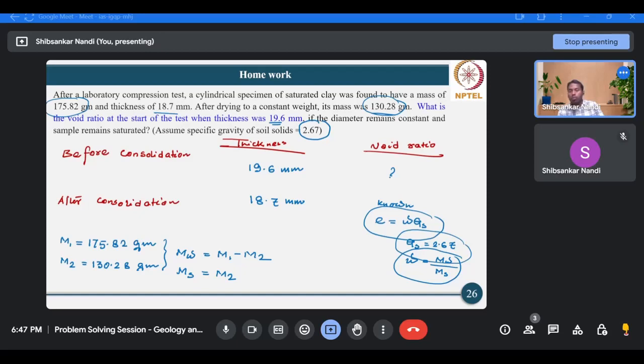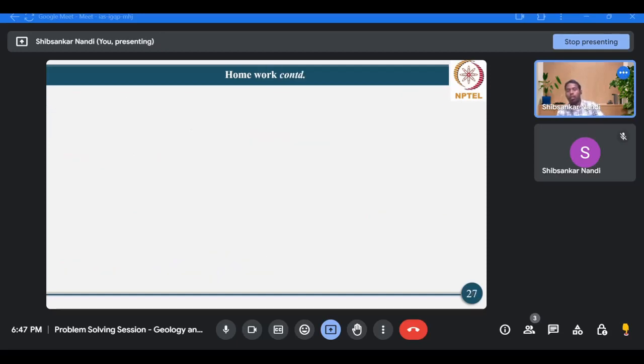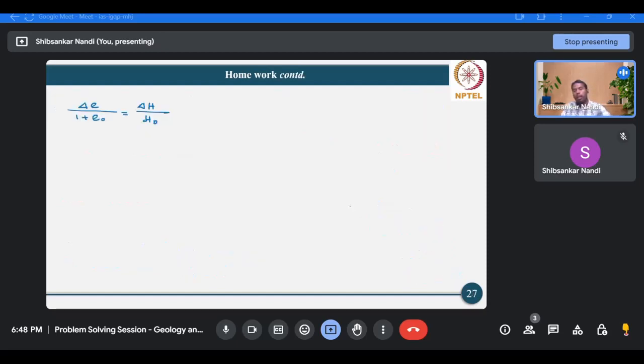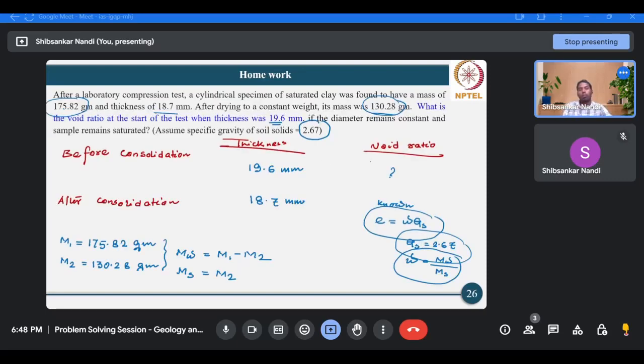Now once it's known, how can you calculate the void ratio at the beginning of the test? Again you can use the change of void ratio method: delta e divided by 1 plus e0 equals delta H by H0. The reference void ratio and thickness you can take after the test, then calculate the change in the void ratio, and from that change you can easily calculate the void ratio at the start of the test.